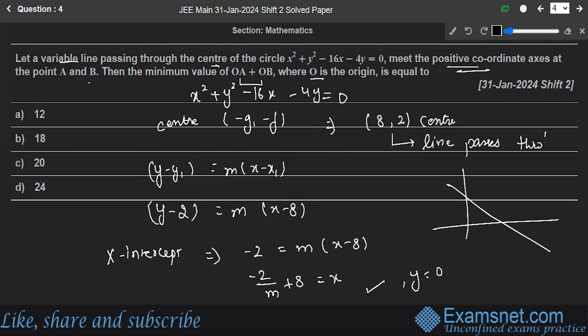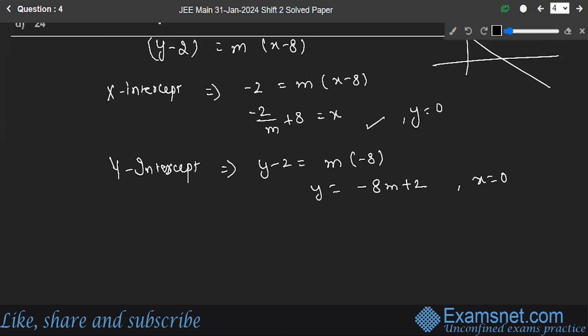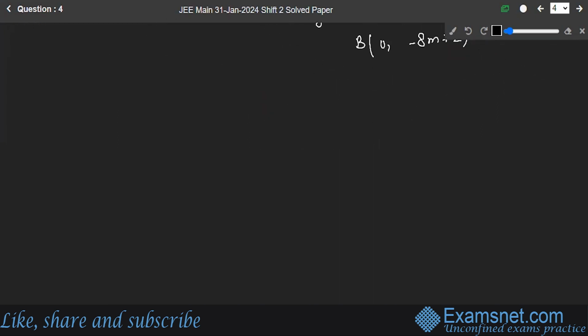Let's say this is your point A, which is (minus 2 upon m plus 8, 0), and this is your point B, which is (0, minus 8m plus 2).